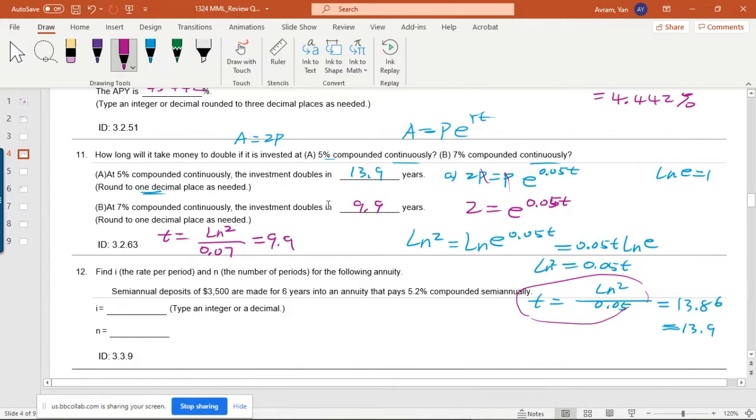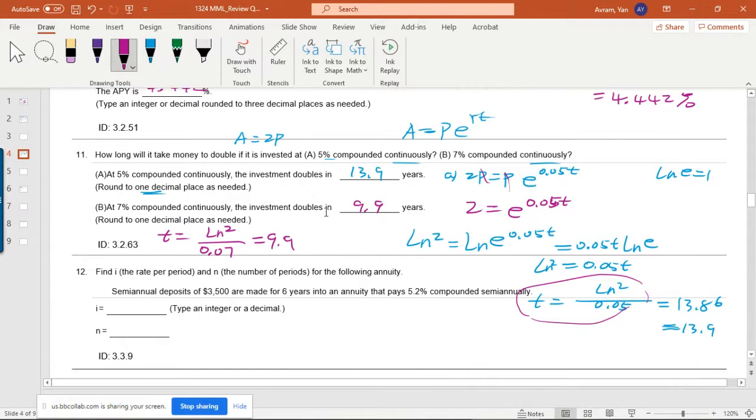Think if you have $1 million, you're gonna grow to 2 million, right? So that is very significant, right?